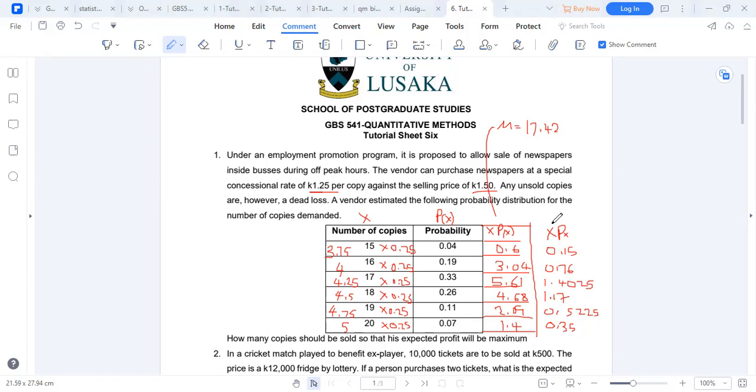So this means we're going to sell 17 copies for a maximum profit of 4.885. Is that clear? So that is how you calculate the random variable. Random variables are very easy if you understand the concepts.